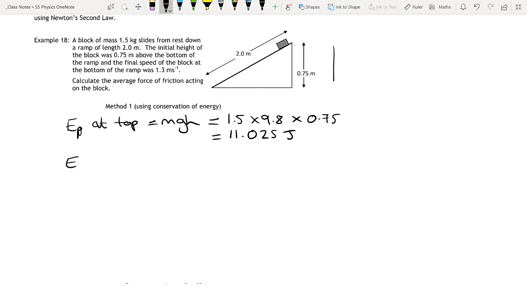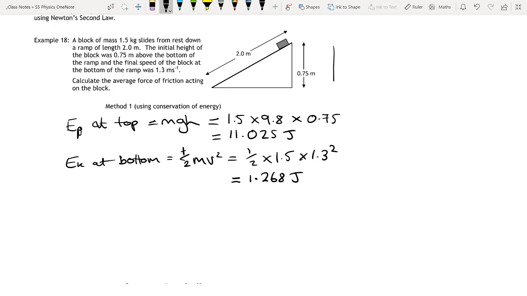Kinetic energy at the bottom is half mv squared. So half times 1.5, and the speed at the bottom of the ramp is 1.3, so 1.3 squared. Don't forget your squared. And that comes to 1.268 joules.